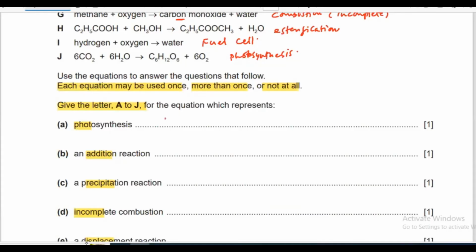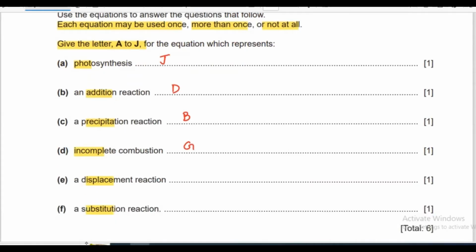Photosynthesis is J. Addition reaction is D. Then precipitation reaction is B. Incomplete combustion is G. And the displacement reaction is F. And the substitution reaction is C.